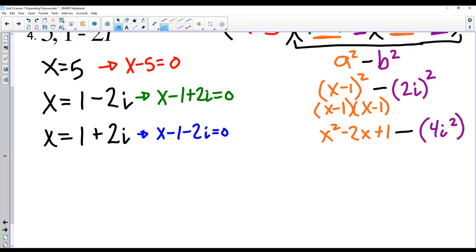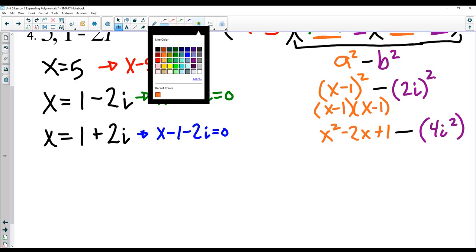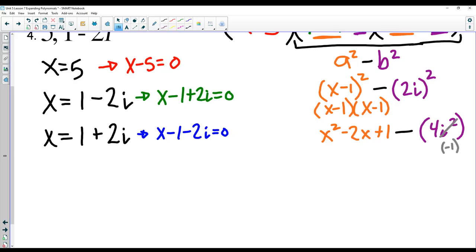But if you guys remember from our quadratics chapter, i squared is equal to negative 1. So what happens in here is this purple stuff becomes a negative 4. We're subtracting a negative 4, which means we add 4. So we get x squared minus 2x plus 5.